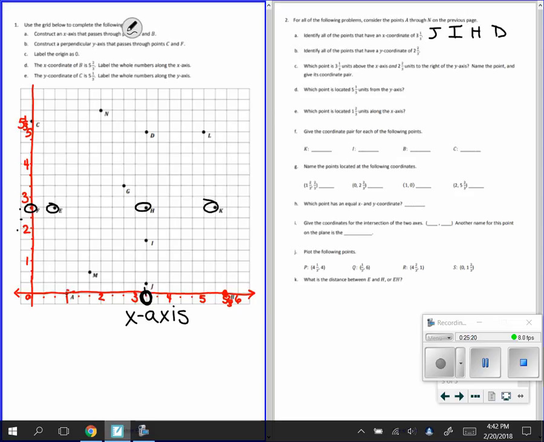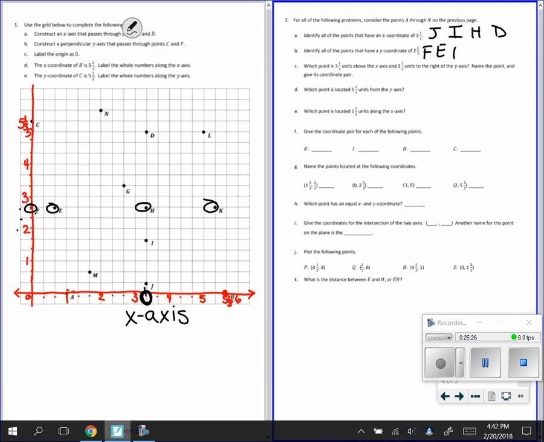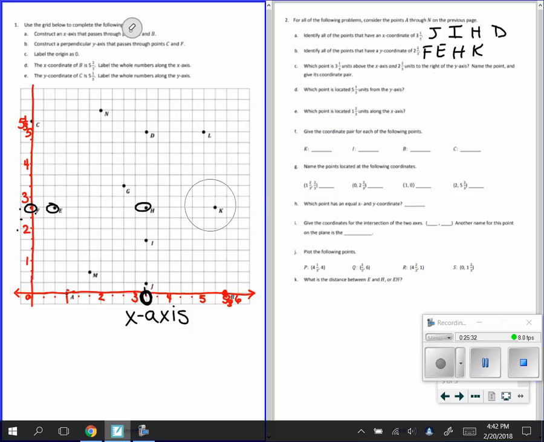So you've got F, E, H, and K. Because that was everything that was right there on that line that ran right there. Going up that y-axis.